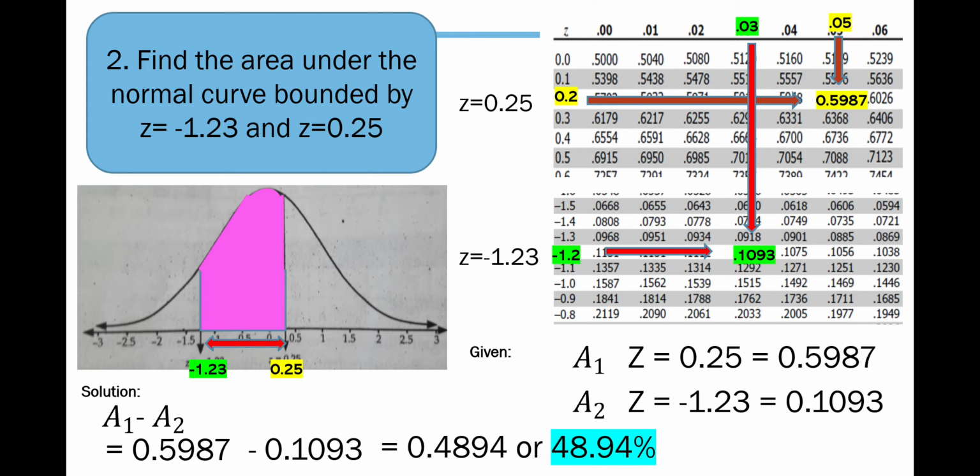Therefore, the area between negative 1.23 and 0.25 is 48.94%.